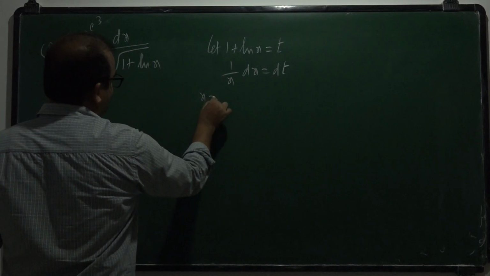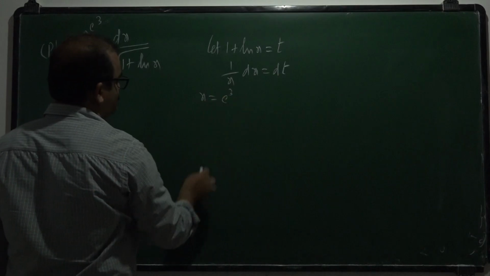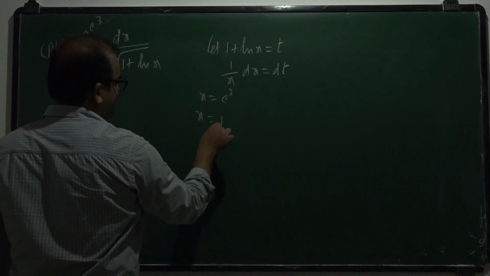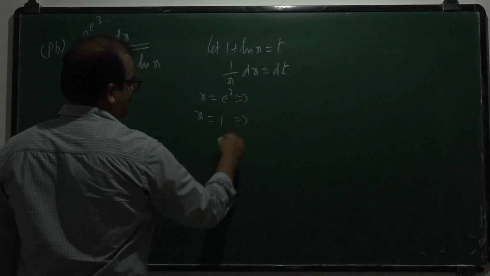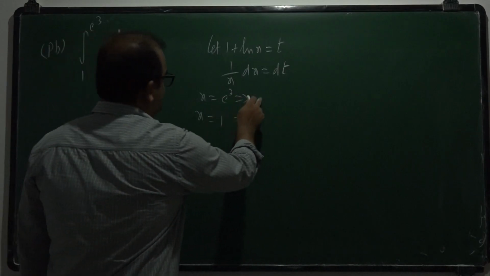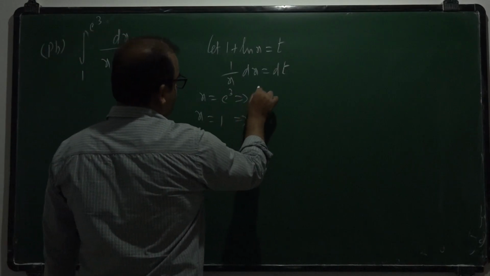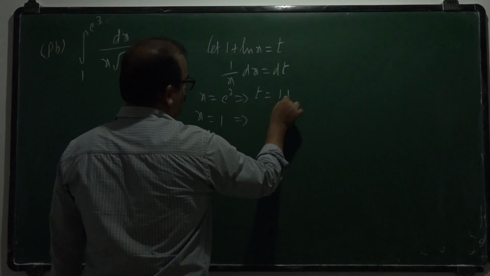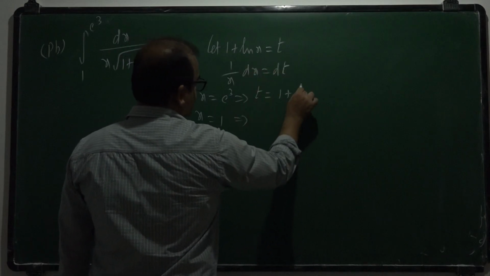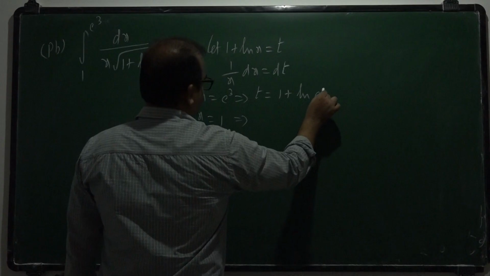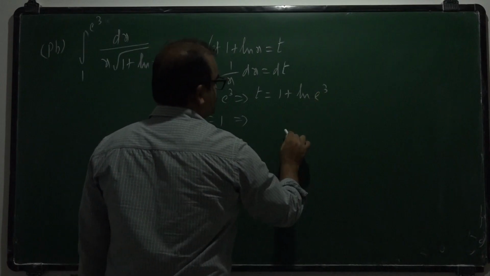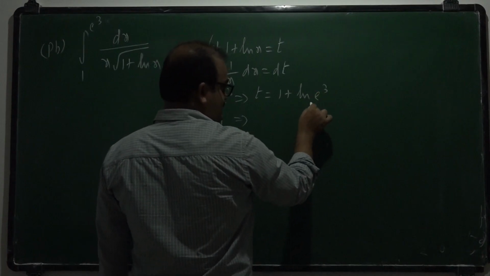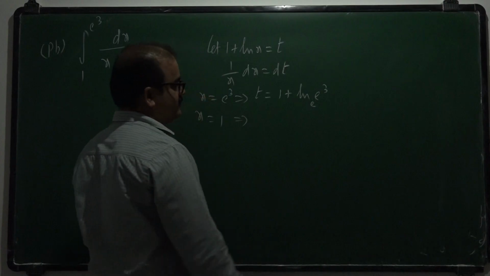What is the upper limit? x is equal to e cube. What is the lower limit? x is equal to 1. Write these limits in terms of t. t is equal to 1 plus ln of e cube. Ln means it is a logarithm with base e.